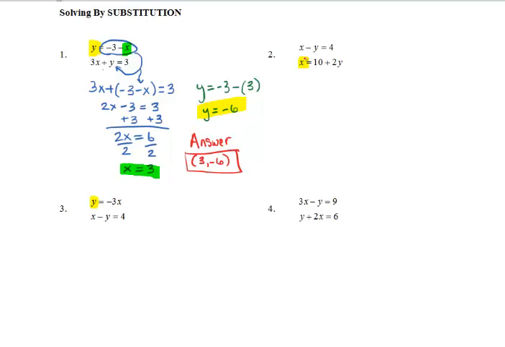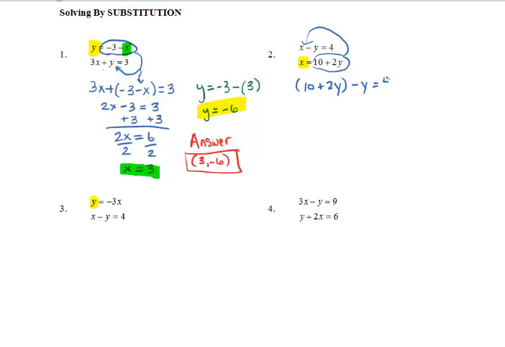For my second equation, this time y isn't by itself, but x is. So this time I'm going to replace the 10 plus 2y, what x equals, into the x spot. So again, using parentheses, instead of writing x, I'm going to write 10 plus 2y, and then finish the rest of the equation, minus y, and then equals 4.